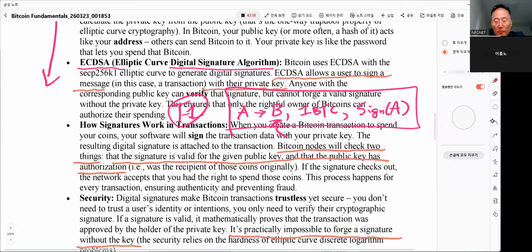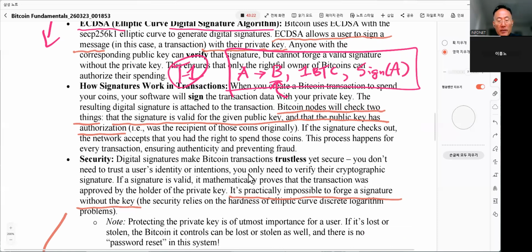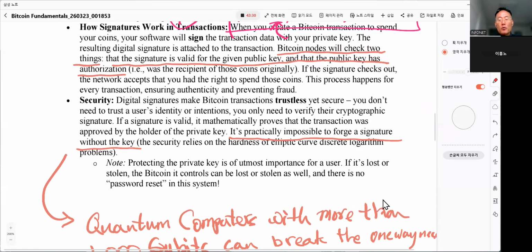So that's what it is. And for security, it is practically impossible to forge a signature without the key. All right. No one can sign a transaction with a valid outcome.